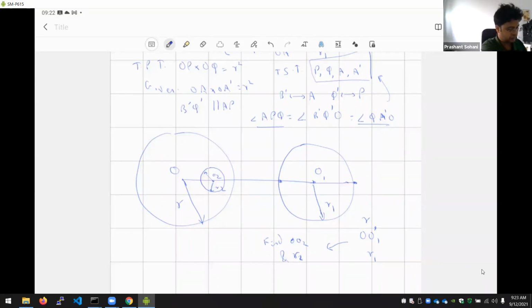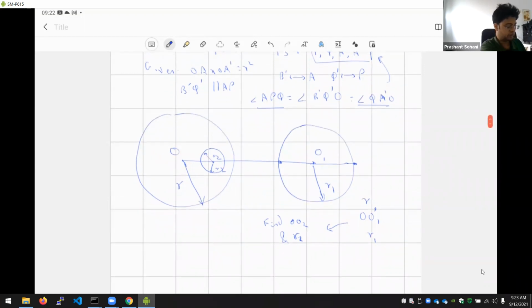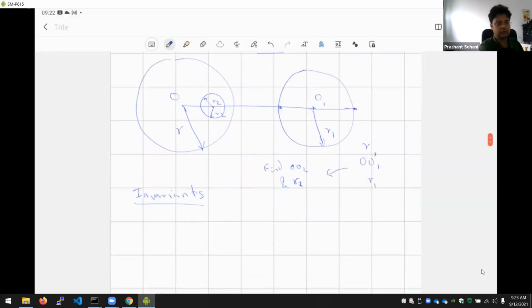Now we are done with the basic mechanics. We know which objects go into which other objects. But the question is, why is this inversion useful at all? There comes the idea of invariants. Invariants are objects which do not change under this operation.